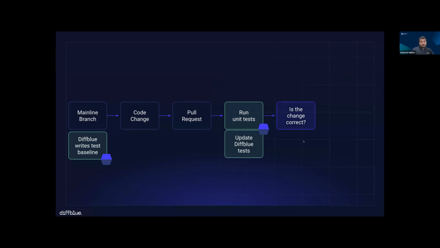The code review, once Cover has gone ahead and updated all your test cases, becomes that point of manual review where you not only validate the change the developer has made, but you also see if the test cases are reflecting the behavior that you were after. So this is the natural point in the software development lifecycle where you review both what the developer was up to and what Diffblue was up to.